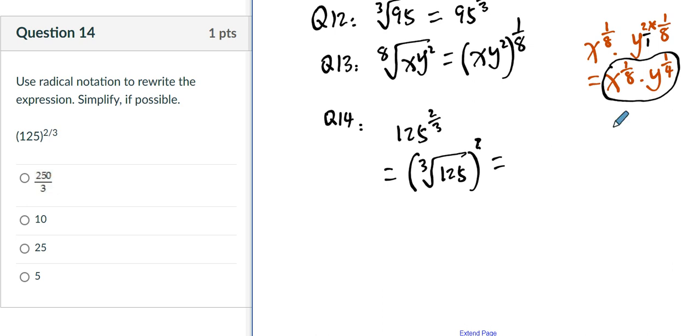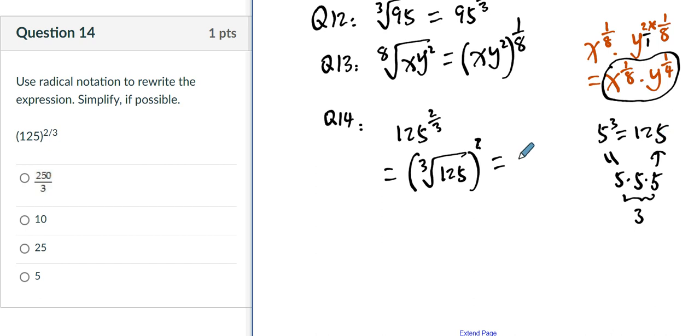And you know 5 cubed is 125, because that's 5 times 5 times 5, 3 times. Okay? 5 times 5 is 25, times another 5 is 125.